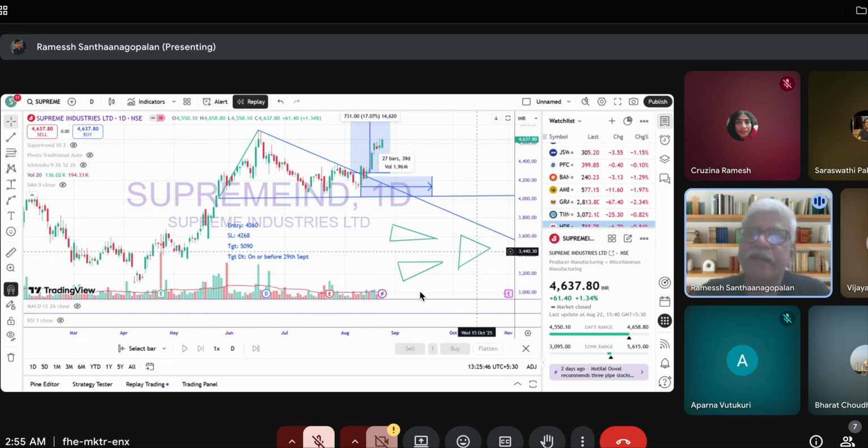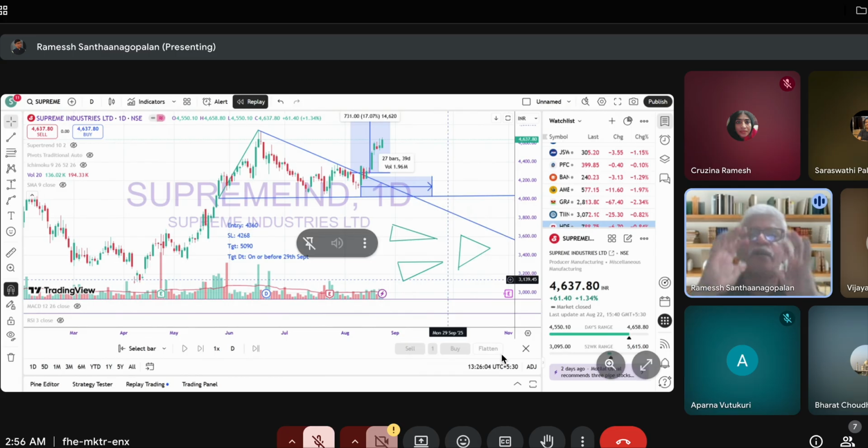This is also another kind of triangle. These are the only three types of triangles. This is known as ascending triangle, this is descending triangle, and this is symmetrical triangle. If you are looking for triangles, you will see three types.